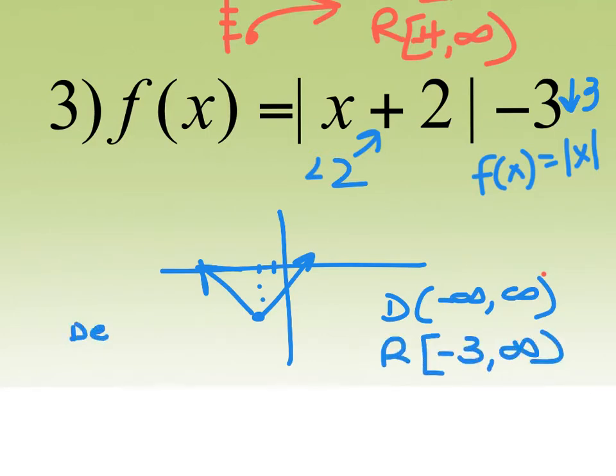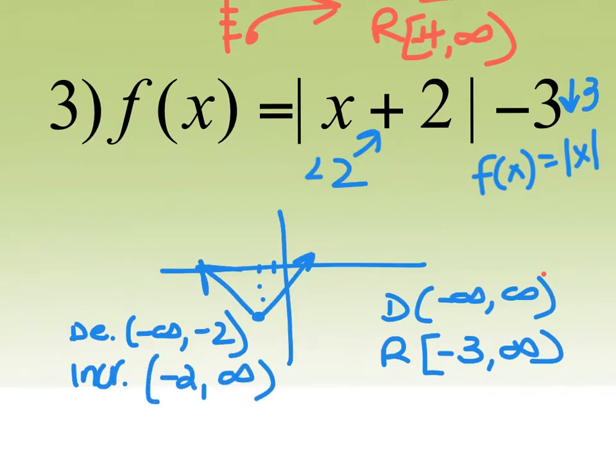It's decreasing from negative infinity to negative 2. And then increasing from negative 2 to positive infinity. And it's neither even nor odd. We still good? Any questions so far?